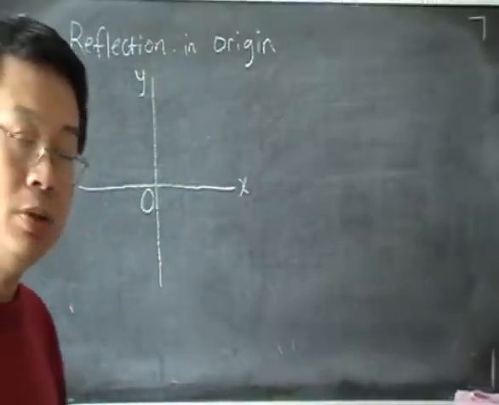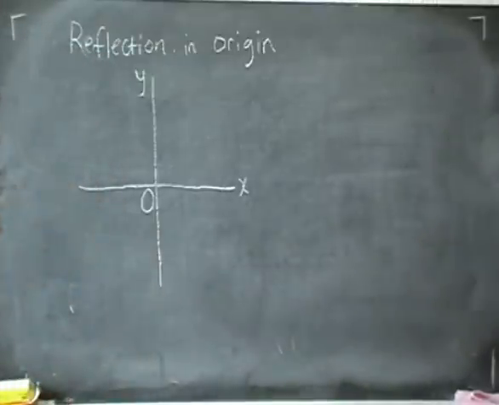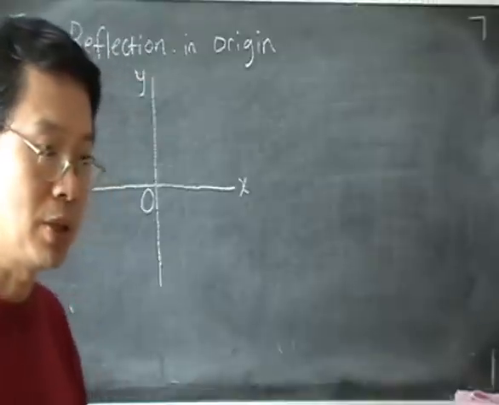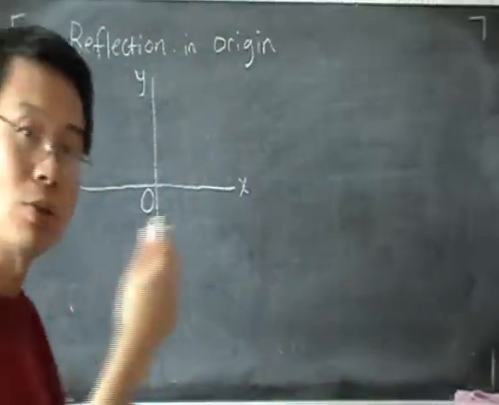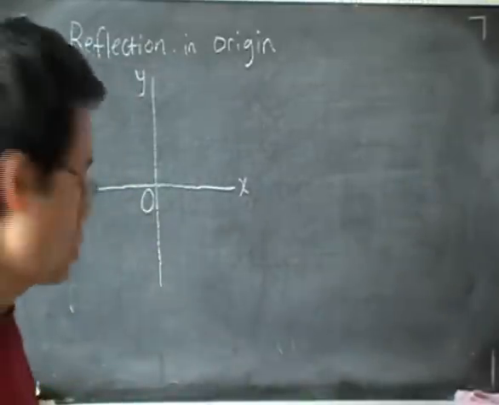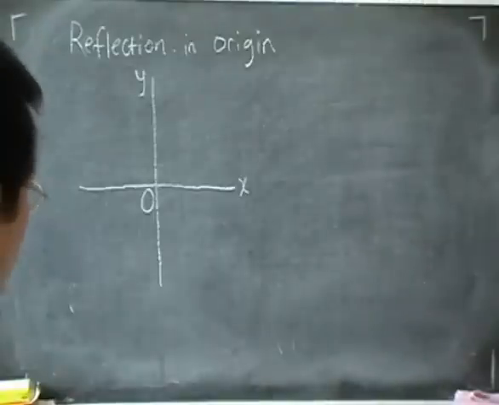A reflection in a point, alright? So the origin is just a point. Now we know about reflection in a mirror, which is a plane, you look at it and you see yourself. But what does it mean, a reflection in a point?